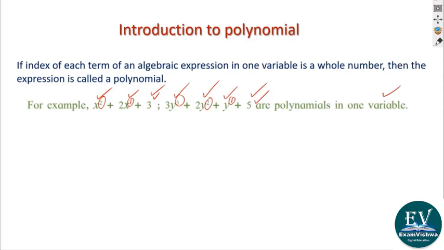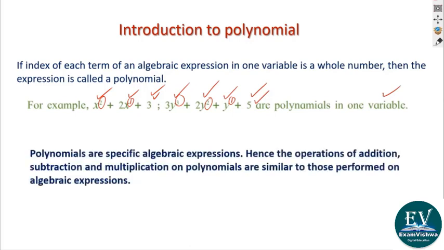Further polynomial operations you will study in class 9. So polynomials are specific algebraic expressions, and their addition, subtraction, multiplication and division, all that we are going to study, will be similar to the operations of algebraic expressions that you studied in class 7.